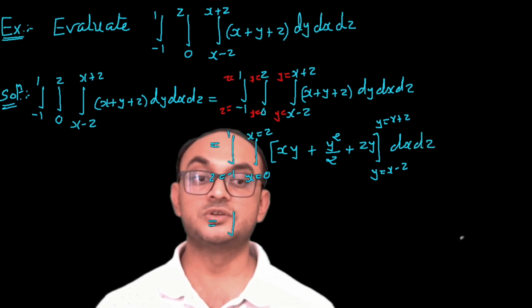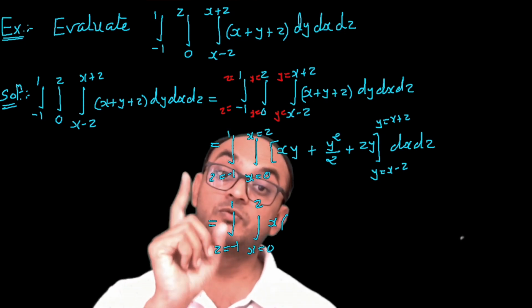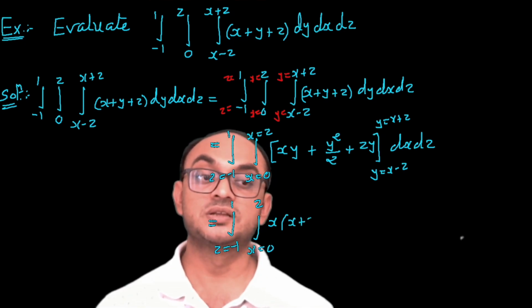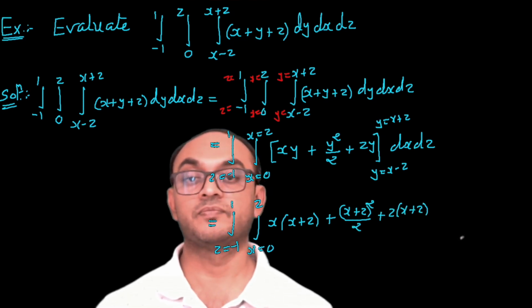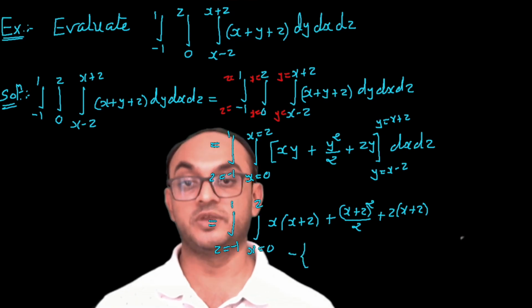So this is equal to the integration z equal to minus 1 to 1, integration x equal to 0 to z, x into, now we are substituting the values of y. Upper limit, what is y? x plus z. So this is x into x plus z, plus x plus z whole square divided by 2, plus z into x plus z. This is the upper limit. Now the minus sign for the lower limit.